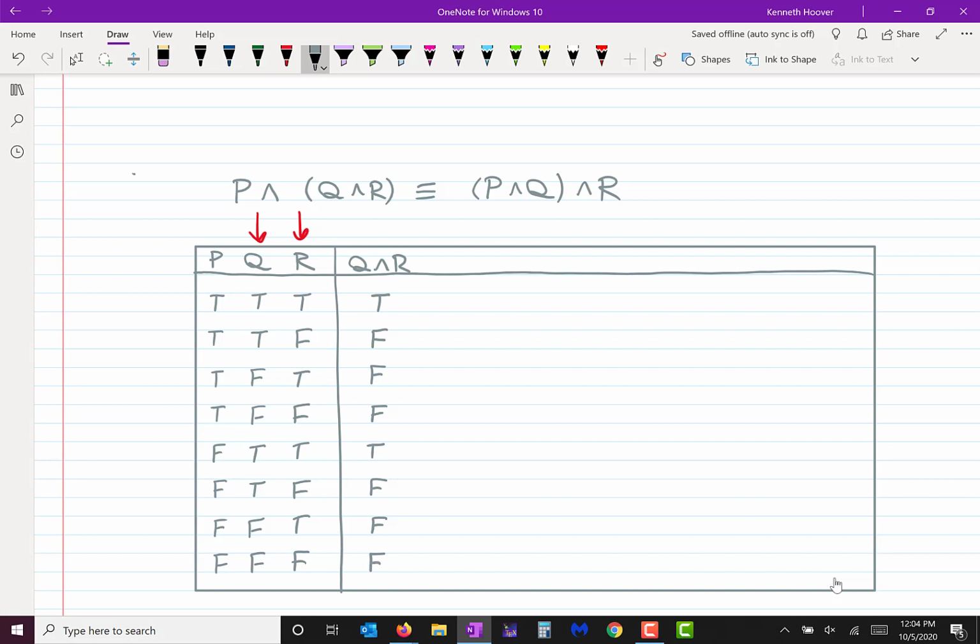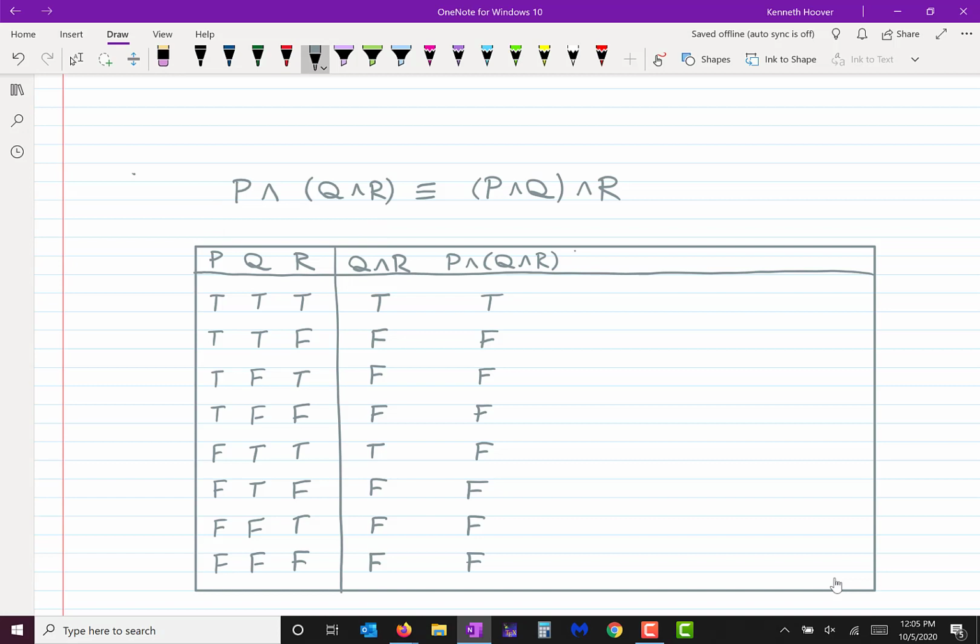Now I want to form the conjunction of that along with P. So now I just need to look at these two columns. The conjunction is true if they're both true, and false if either one of them is false. So there we go. Okay?